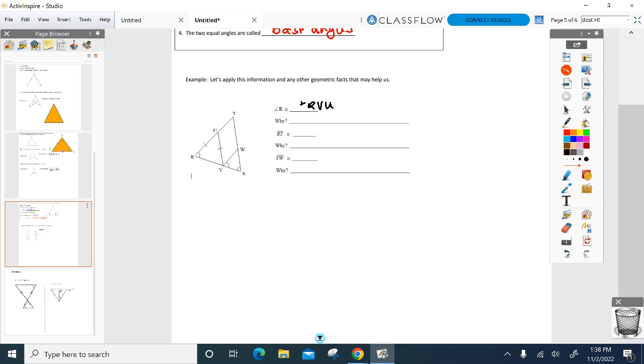Let's try that again. In a triangle, congruent angles are across from, you guys finish it. Congruent angles are across from congruent sides.